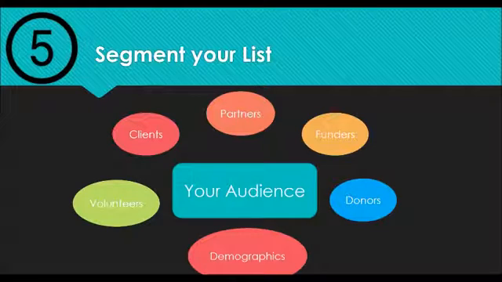So if you're sending your e-newsletter to the whole of your audience, particularly if you have a large audience, if you're an organization that has many different varied projects, like Leap, for example, okay, if you're sending it to all of them, it might not be the best way to craft your message to get that call of action answered, because the call of action will probably be different for each segment of your audience. There are things that you might want your clients to do that your donors might not necessarily be interested in, okay, and vice versa. So how do you do segmentation?